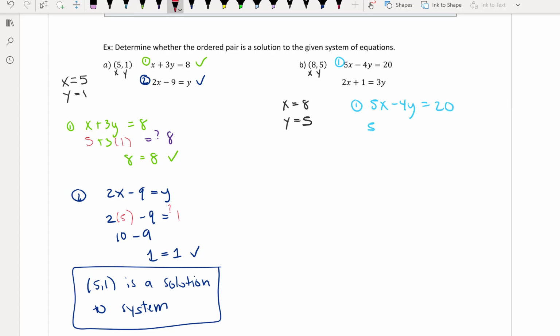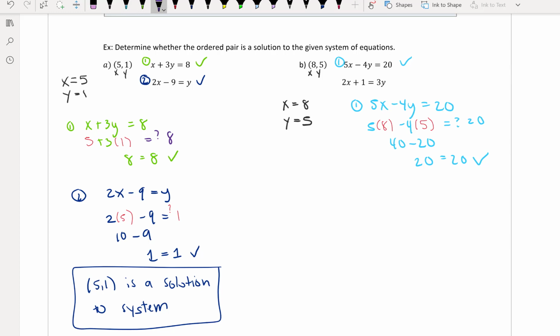So 5 times that x value of 8, minus 4 times that y value of 5. We are wondering whether or not that's going to equal 20. So here I would have 40 minus 20, which is 20. So that is true. It works out perfectly.